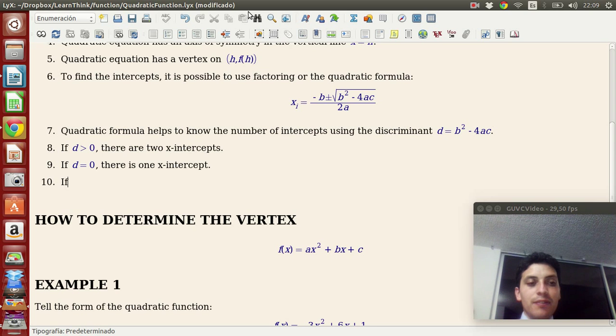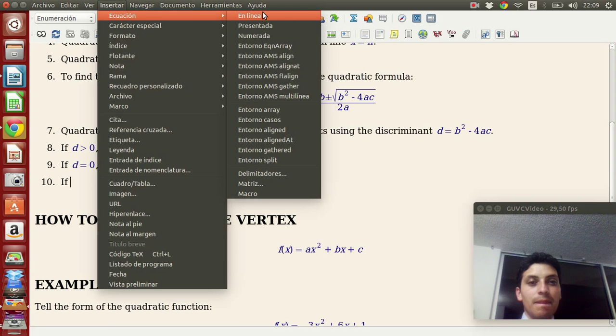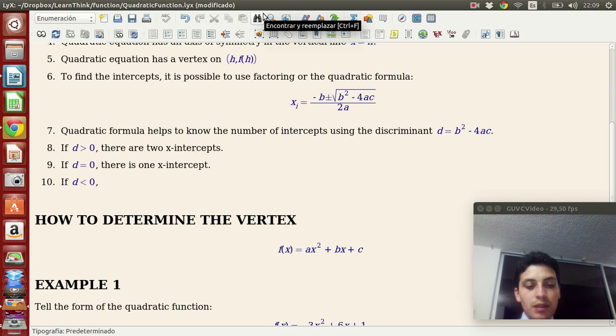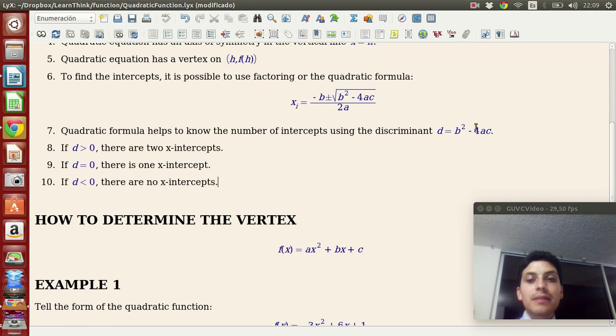And if D is less than 0, there are no x intercepts. Okay, so the discriminant is going to tell you if your quadratic equation has 0, 1, or 2 intercepts.